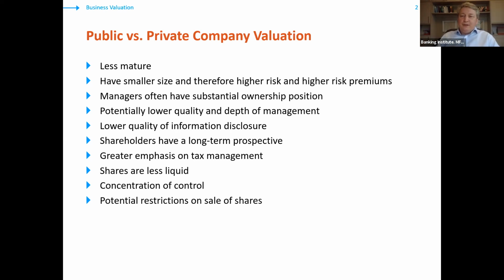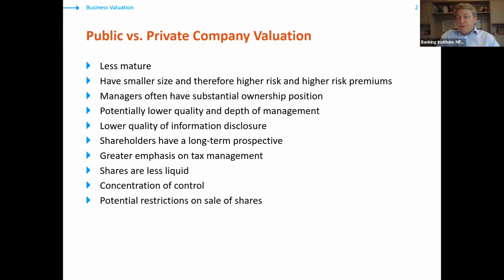And with a private company, if I'm the owner and I'm not going to sell this company, the only thing that's important for me is my long-term future cash flows. So in many cases, private companies are more focused on long-term cash flows rather than current financial reports and valuation based on those reports. So this is an interesting thing, and that's what happens.